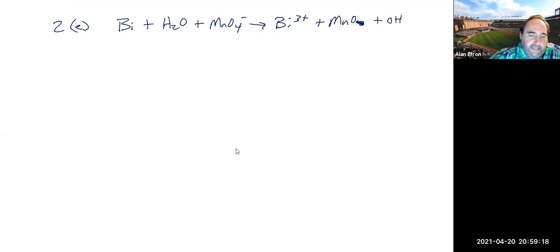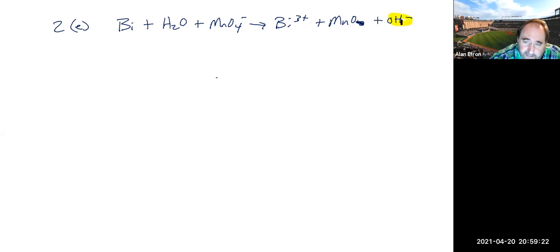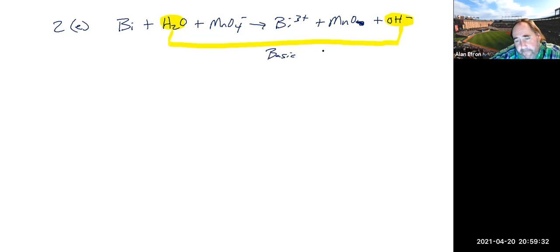Same idea here, except that what we see is hydroxide and we see water. What this is telling you is you should balance this under basic conditions. So again, to start this problem, take them out and start with just this.